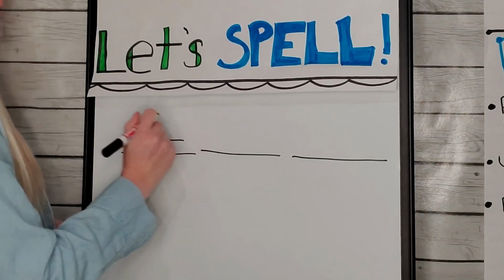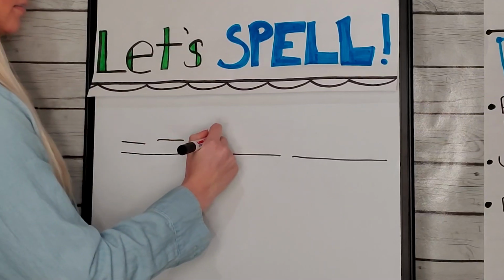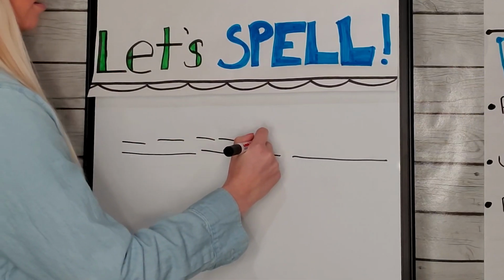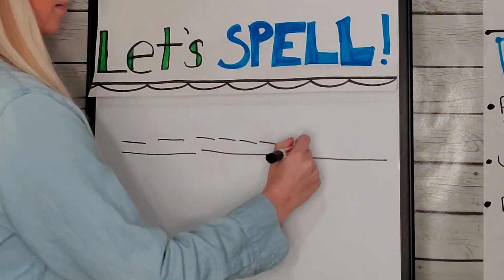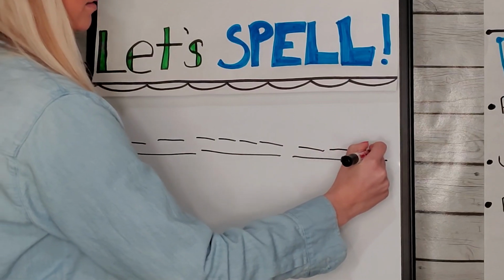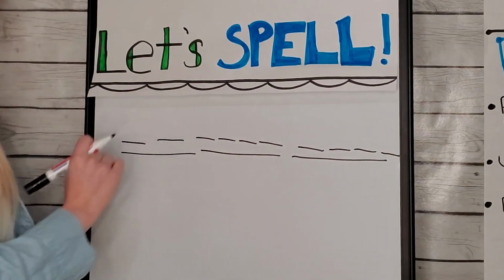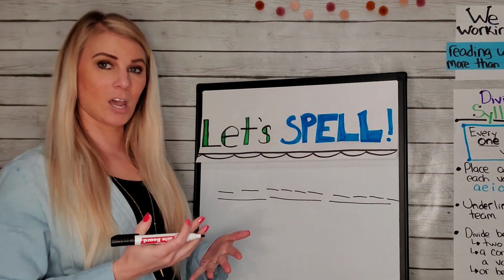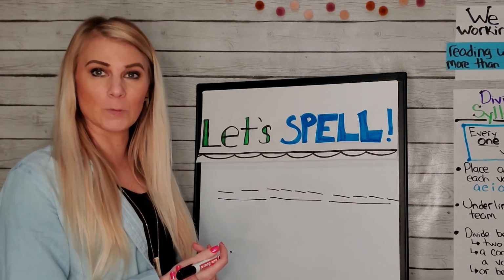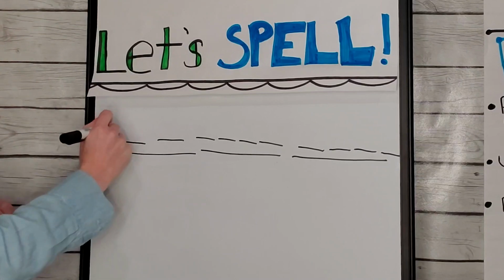E, n, s, t, a. Instrument. Now it's time to think about what letters represent those sounds. Here we go.